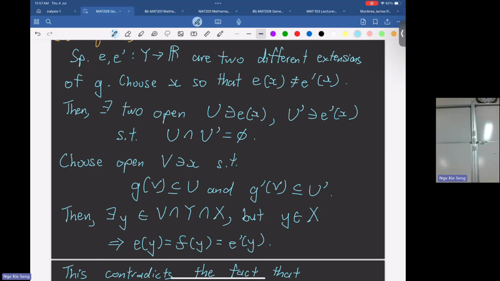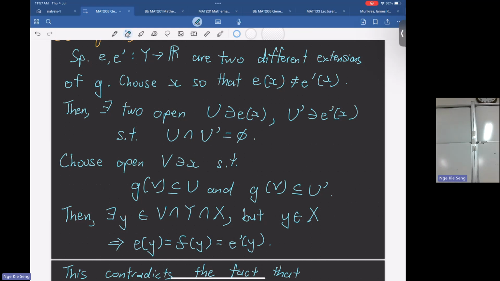I think it's not G of V. This one is also G. They should be the same extension of the same function. Let me repeat. This one should be just G.